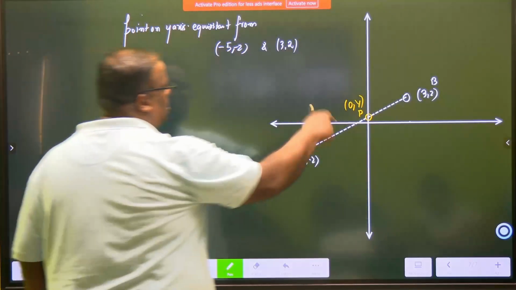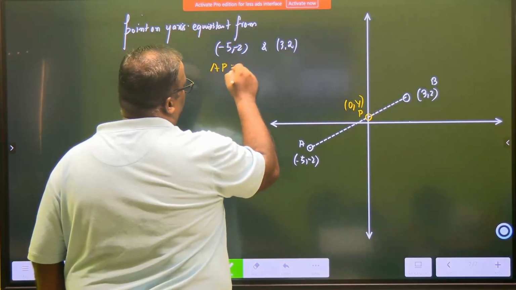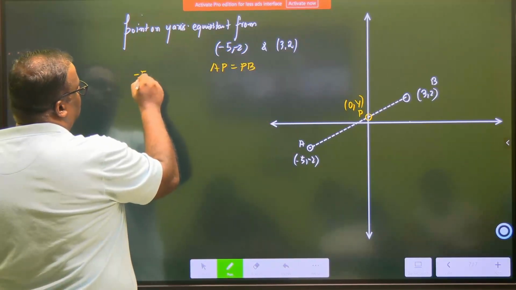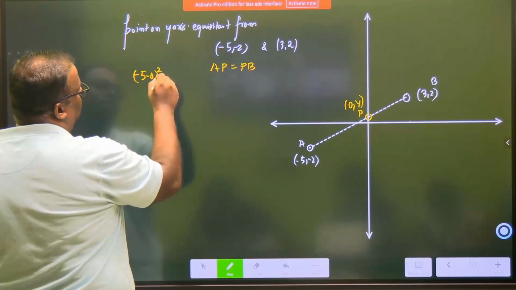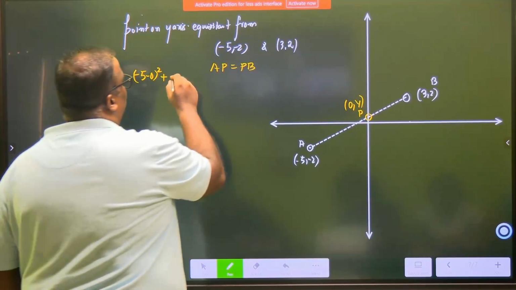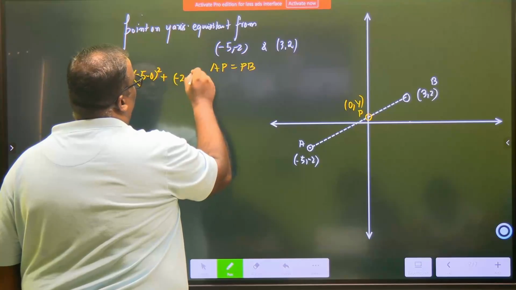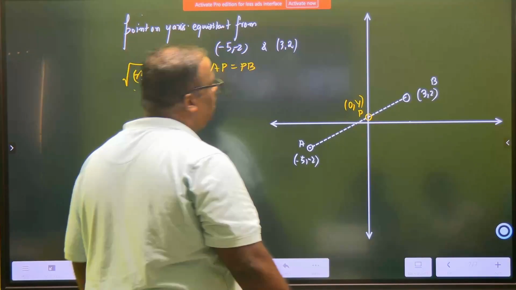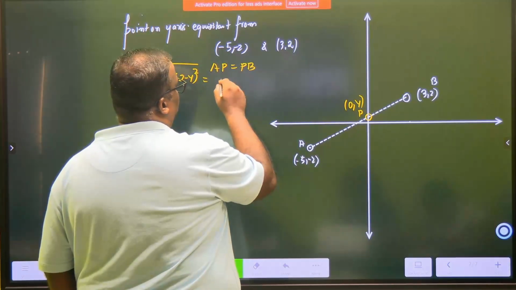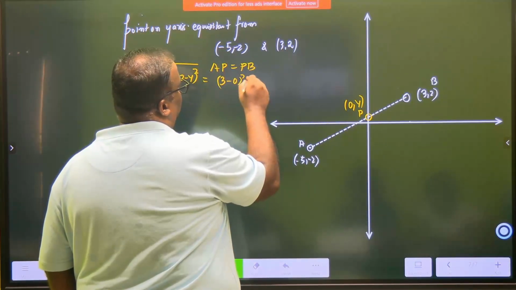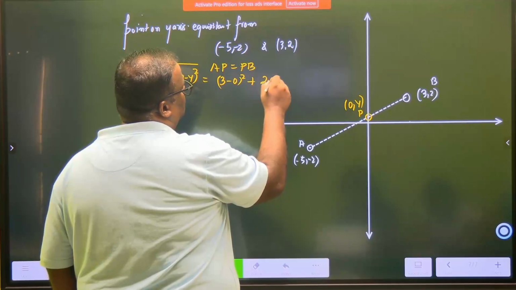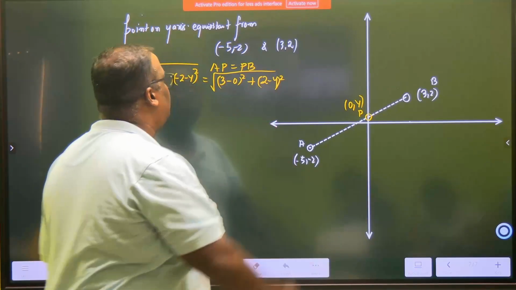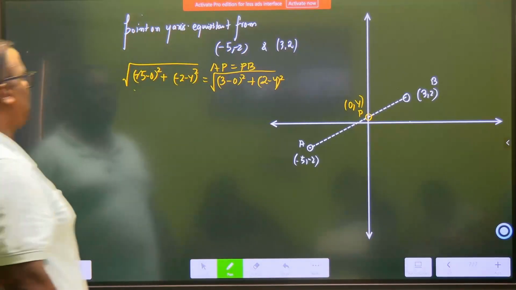Let's put PA equal to PB. √((-5 - 0)² + (-2 - y)²) should be equal to √((3 - 0)² + (2 - y)²). You can do it on your own also, it doesn't matter.